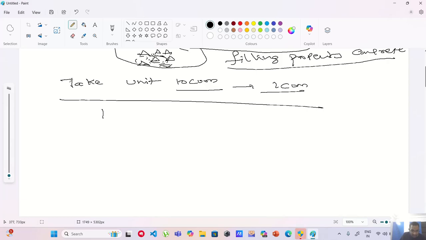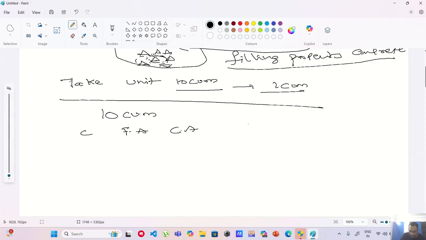For example, this is the 10 cubic meter work. In the previous case I explained the filling property. So I'm taking cement, fine aggregate, and coarse aggregate.